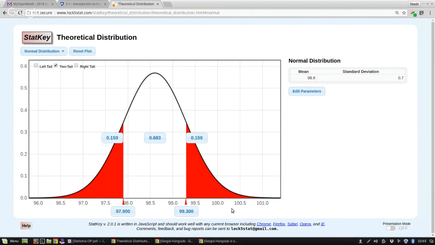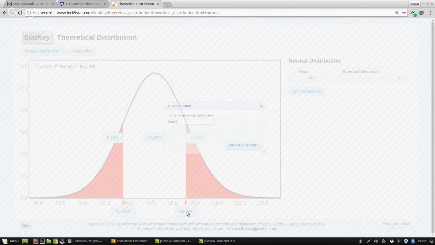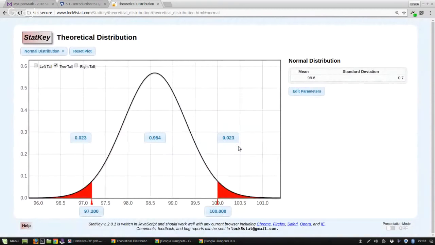Two z-scores to the right would be another 0.7 in this case. So we check that out. If I take 98.6 plus 0.7 plus another 0.7, that's going to give me 100 on the right. And this is going to automatically calculate the left side for me too, which is kind of nice, because I picked two-tail.